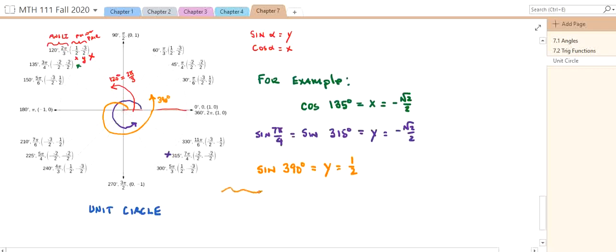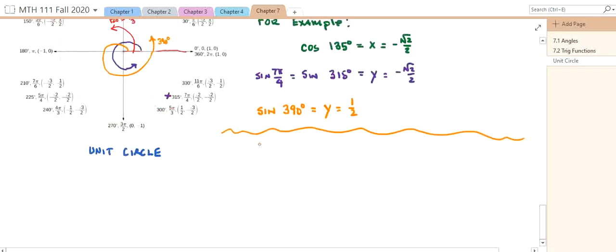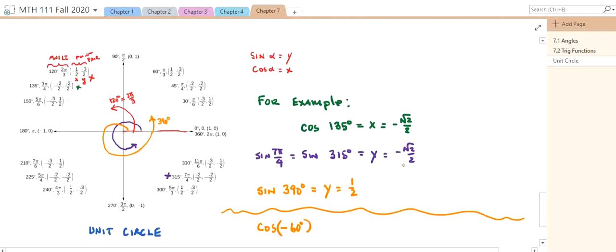Okay, now another thing we can do here is, what about the cosine, say, of minus 60 degrees? So the angle now is a negative angle. Well, this equals minus 60 degrees.